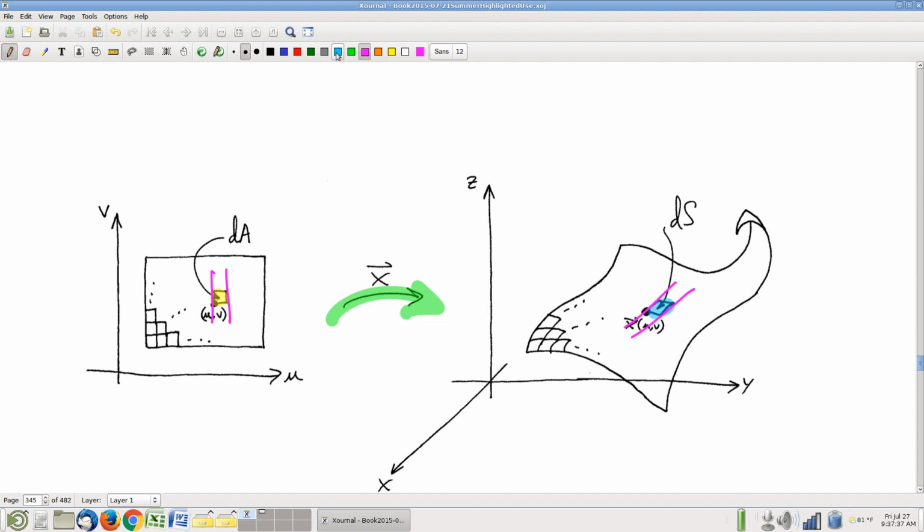Right? And then there's these parallel lines here. Linear transformation takes those parallel lines and turns it into these parallel lines, approximately.